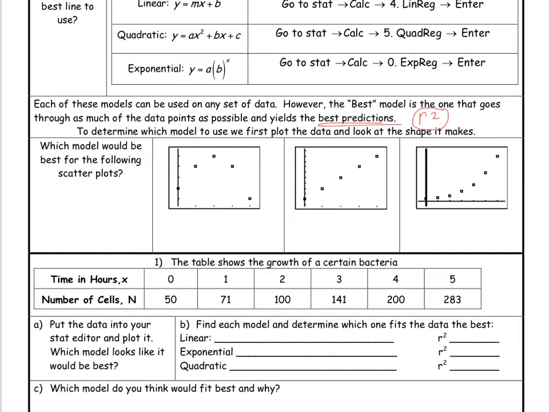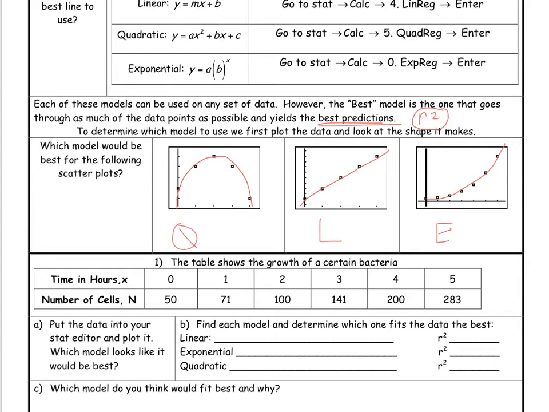So to compare apples to apples, we're going to use R squared when we're looking at our correlation coefficient. So which model will be best for the following scatter plots? If we traced our curve here, this would be a quadratic model. This is a straight line, so that would be a linear model. And this is an increasing exponential curve.